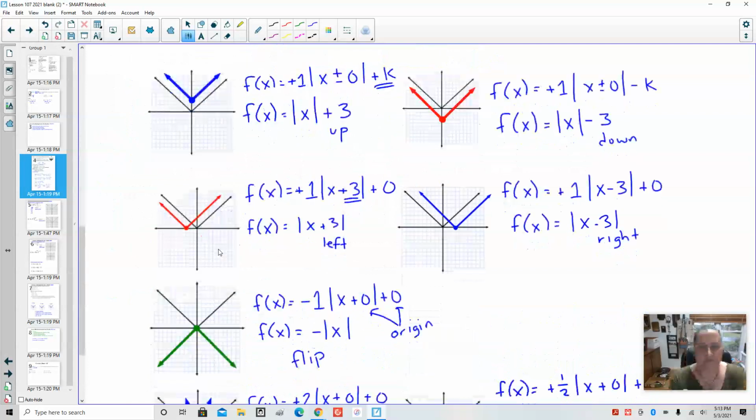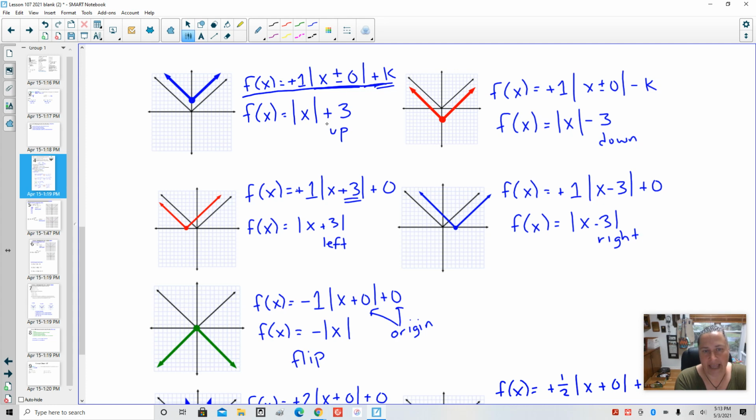So this first one, what I did in the first line is I gave you all the parts. So I said f of x is equal to a, which is going to be a +1. It's going to open up, have a slope of 1 on either side, times the absolute value of x plus or minus 0. So it's not going to shift left or right at all, plus k.